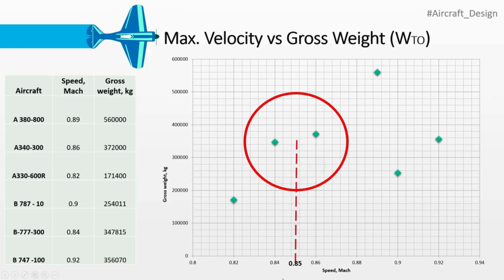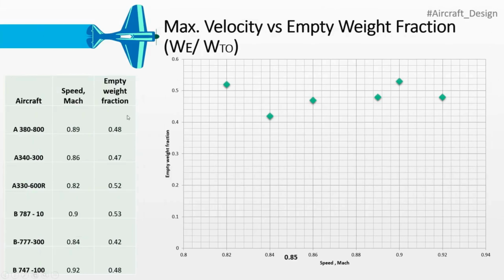We draw a vertical line to the center of the circle, then a horizontal line to the y-axis. The value where the line meets the y-axis will be the optimum gross weight for this initial sizing of the weight.